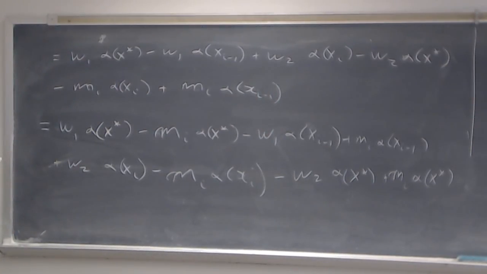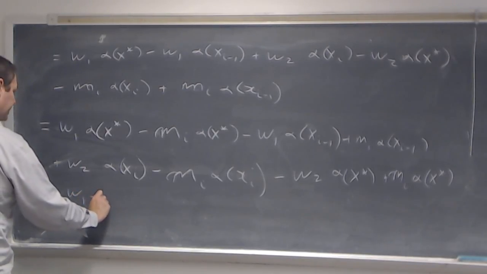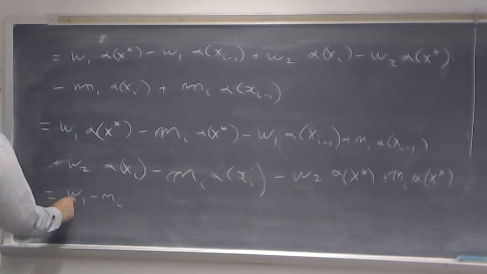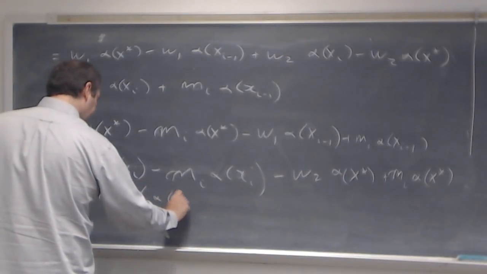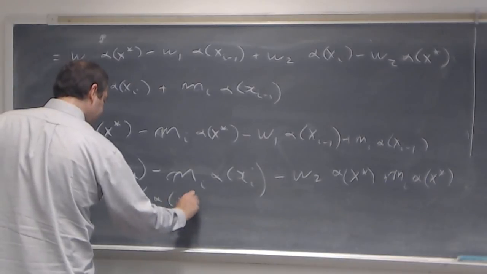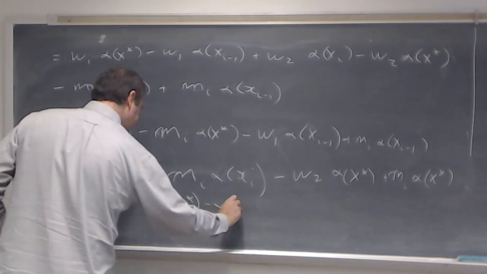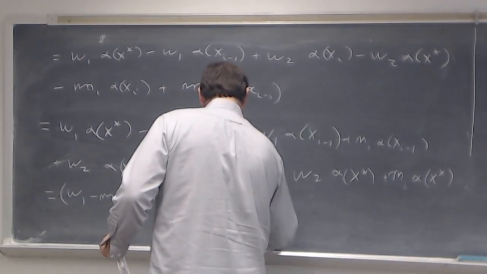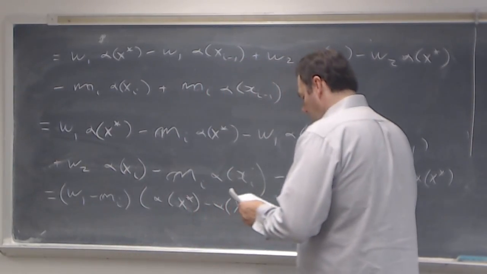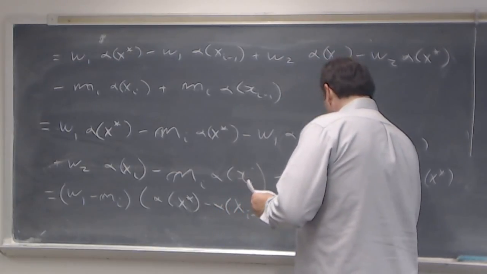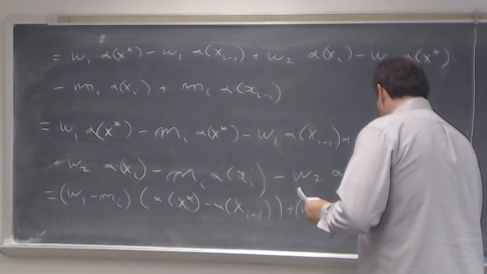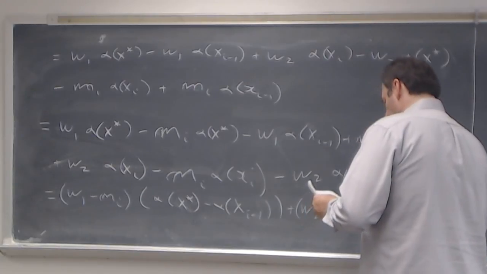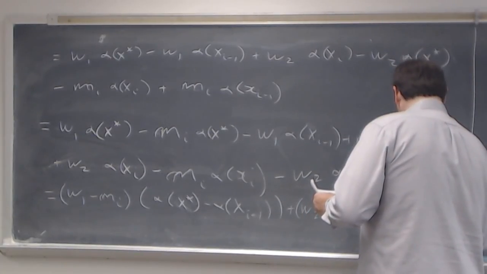And when we do that, we'll get that this is the same thing as W sub 1 minus m sub I times the quantity alpha x star minus alpha x sub I minus 1, and then plus W2 minus m sub I times alpha x sub I minus alpha x star.